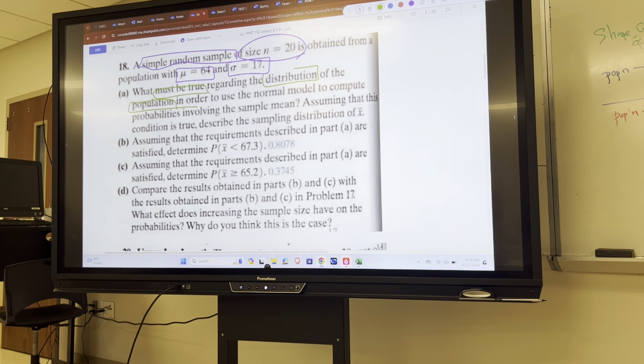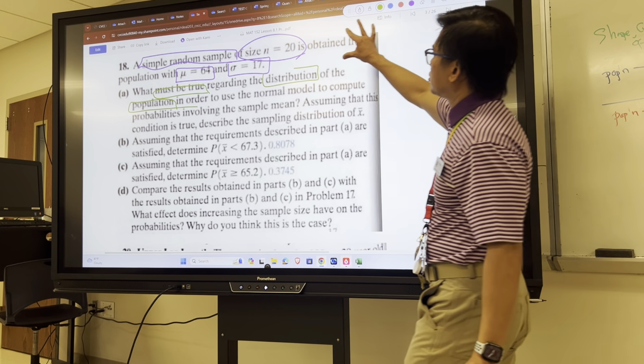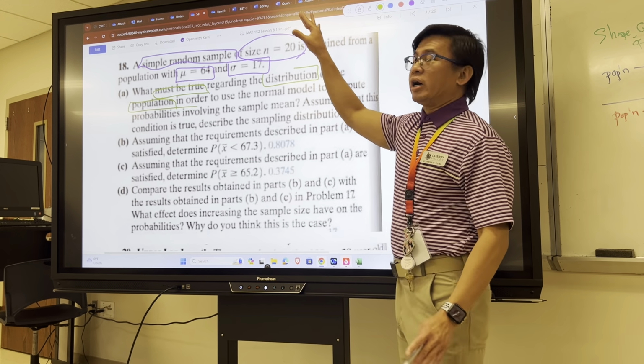Right. So what can we say about this population? Did it say it's a normally distributed population? Did you see any term or any word that says it's a probability distribution for the population in here? No. No, right? Thank you, Mason.